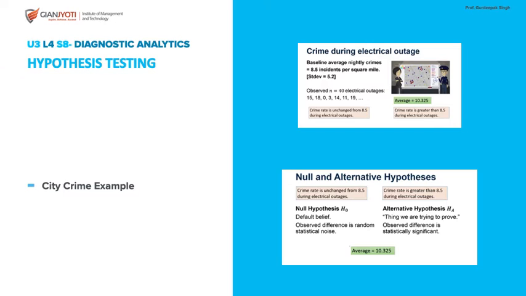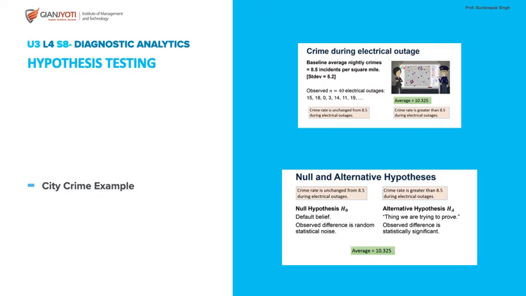So this is only a coincidence, and the average is 8.5. And what we are trying to prove, after collecting the data of 40 samples, is the alternative hypothesis, where the crime rate is greater than 8.5 during the electrical outages.